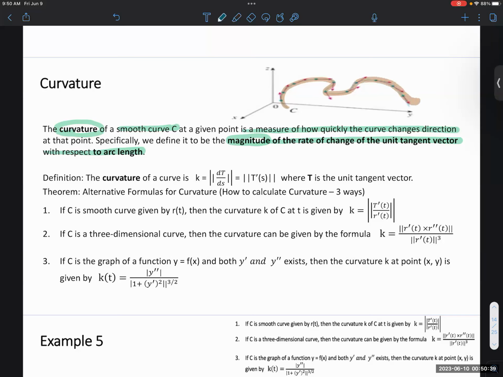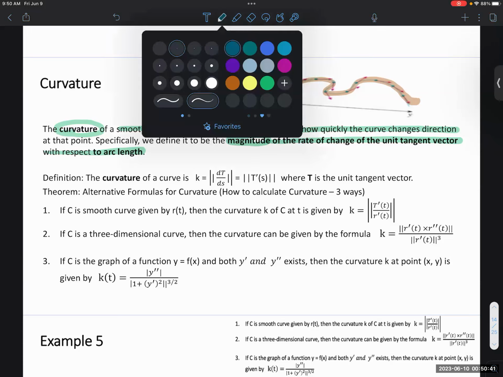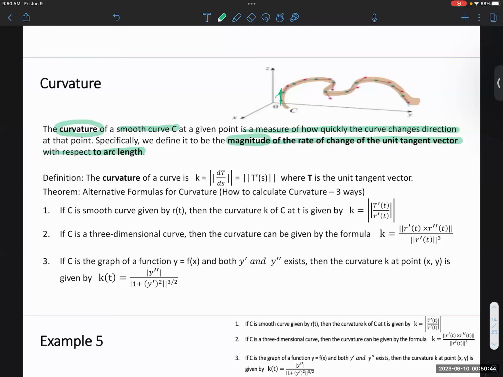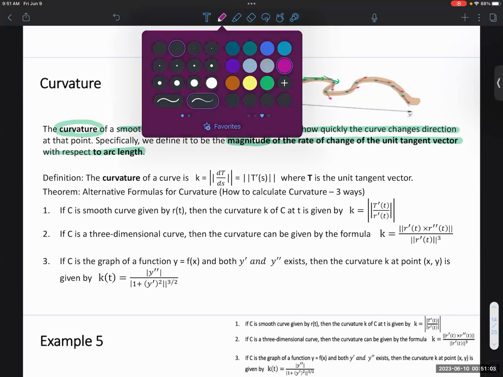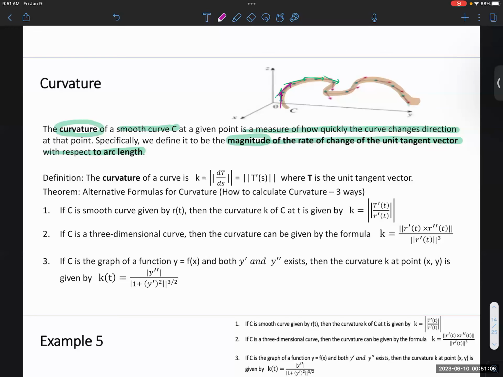When you look at the tangent line, you can find infinitely many tangent vectors. So here's a tangent vector, here's another. By looking at the tangent vectors, you see how quickly the direction is changing. So we are measuring the rate of change of the tangent vector. What is a tangent vector? It touches one point. They keep changing because this curve is a curvy shape; it's not linear. So we are measuring the rate of change of the unit vector. That's what we call curvature.